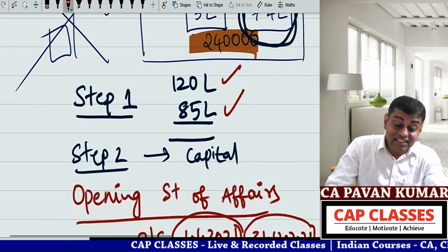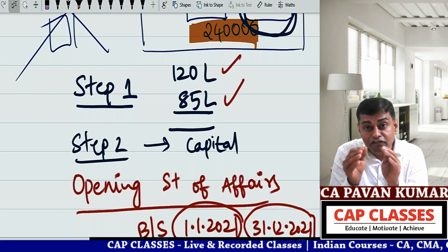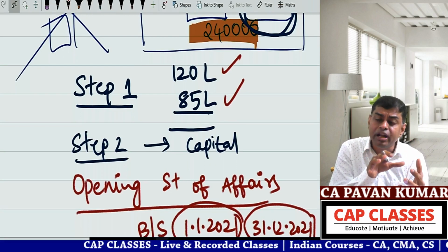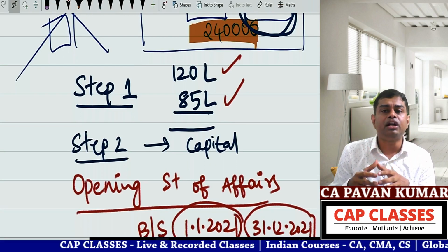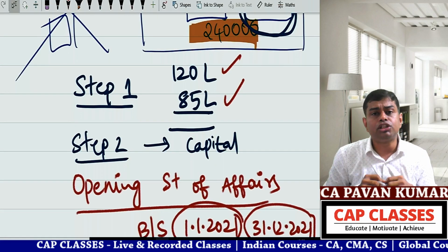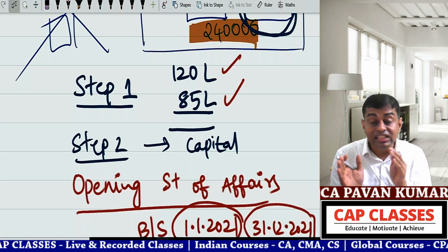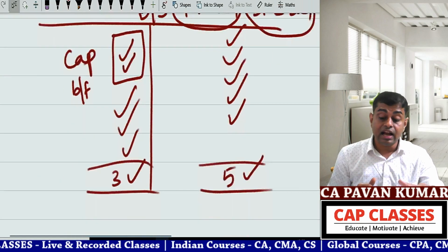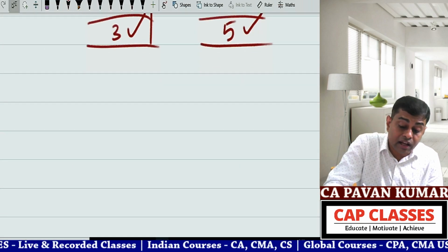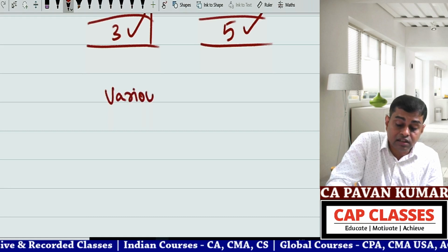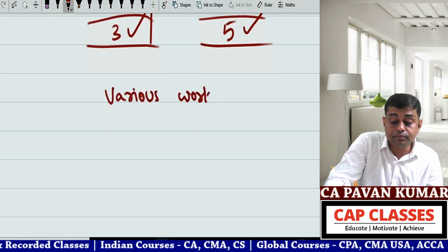So this is level 1 problem: calculation of profit, and calculation of opening statement of affairs and closing statement of affairs. Determination of opening capital employed and closing capital employed. Difference between the two is profit. This is one area. Second area is you'll have to prepare various working notes.